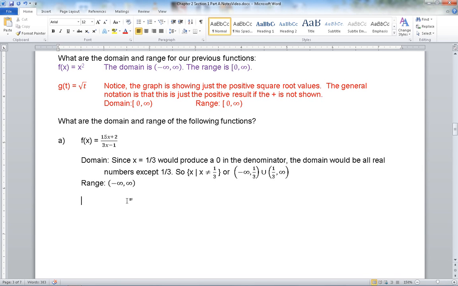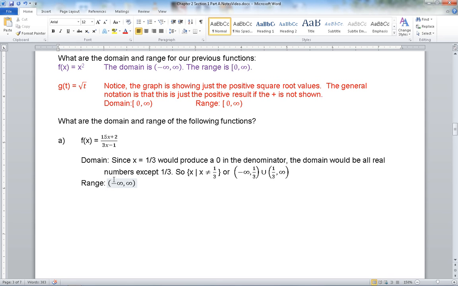Now the range, okay, looks like what value? Well, it looks like negative infinity to infinity. If you put in values that are large but negative, like negative 100, you're going to get a really big number in the numerator and a big but not as big number in the denominator, so you're going to get larger and larger negative numbers.